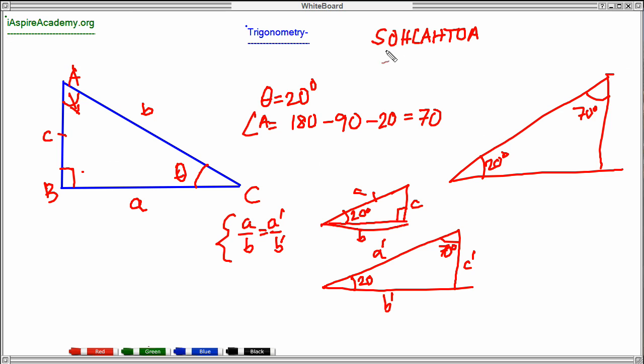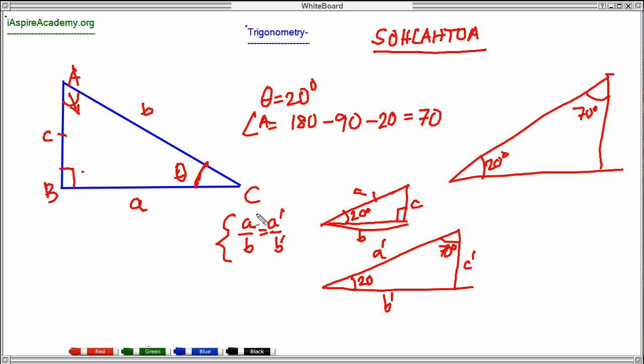If you haven't heard of this term, it may sound a little weird, but this is actually a way to remember different formulas associated with trigonometry. So coming back to where we were, trigonometry deals with the relation or the ratios of sides.